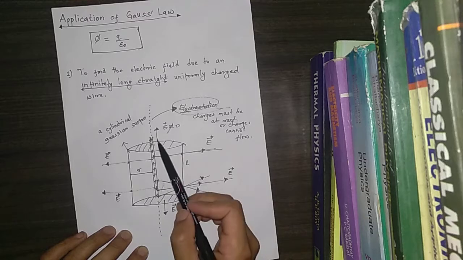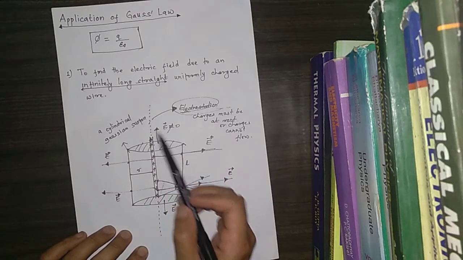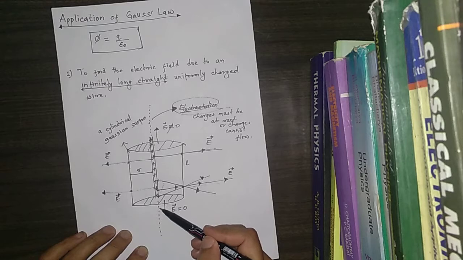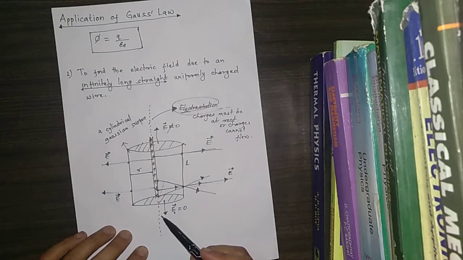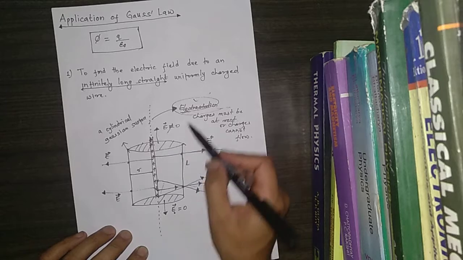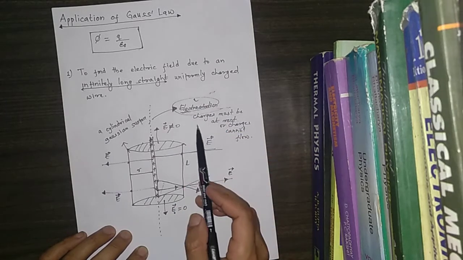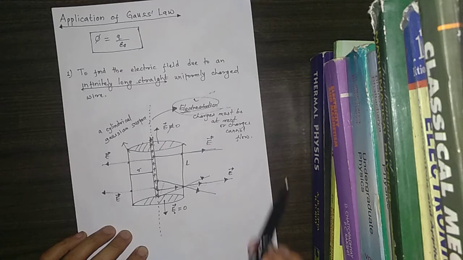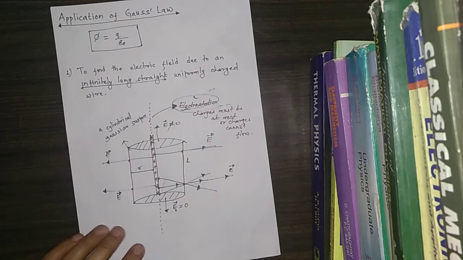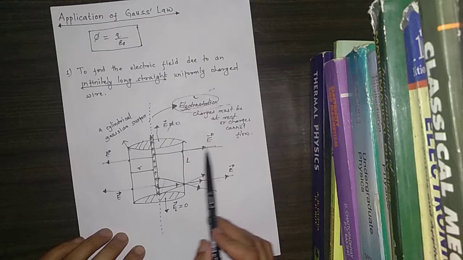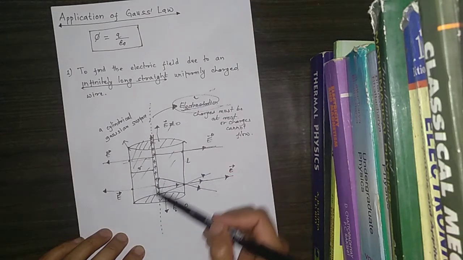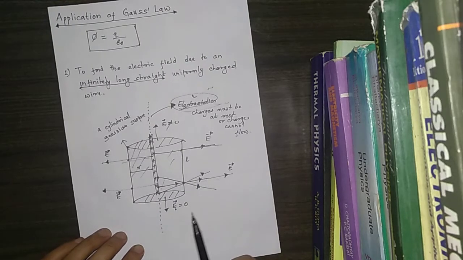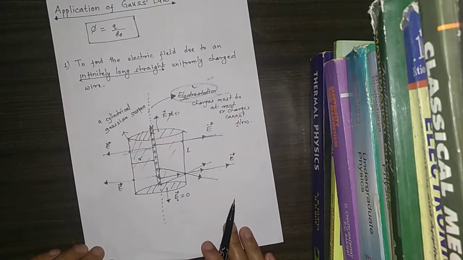Hence, an electric field parallel to the wire, in either direction, cannot be accepted. Hence, the direction of the electric field will be perpendicular to this curved surface area only.